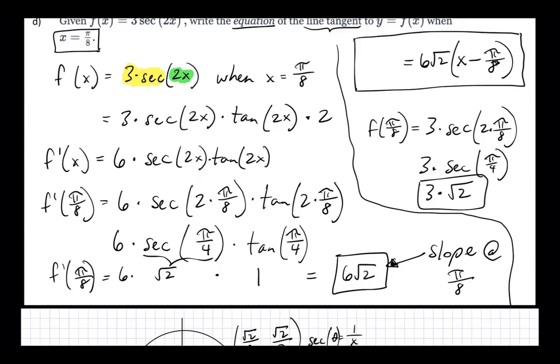So we got 3 times the square root of 2 for y. There we go. Okay.